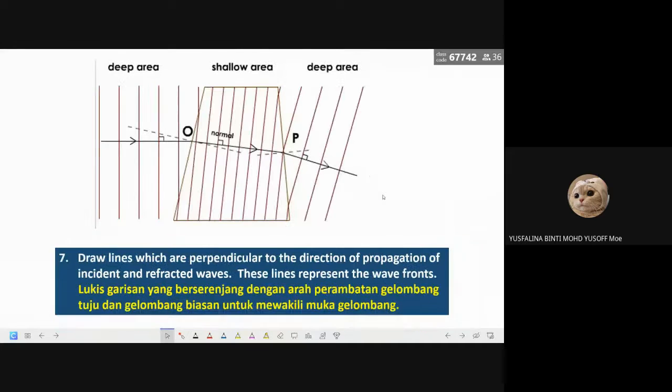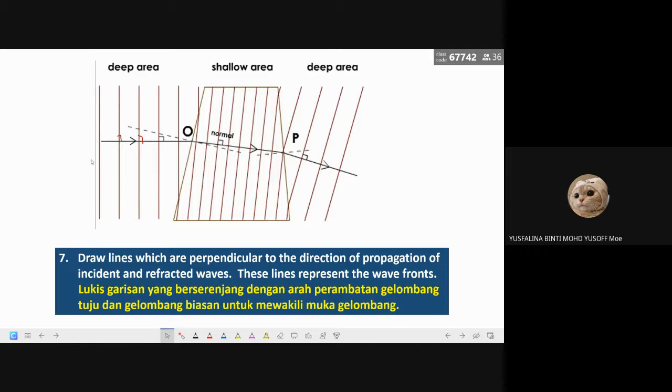And then after that, you just draw the wavelength, but the wavelength should be 90 degrees with the direction of propagation. Remember just now you drew the line here, right? This is the direction of propagation.